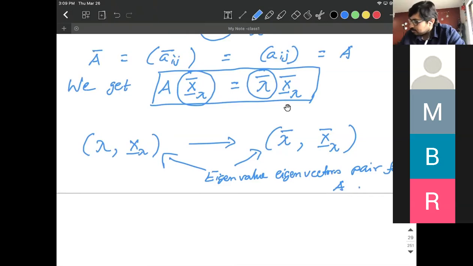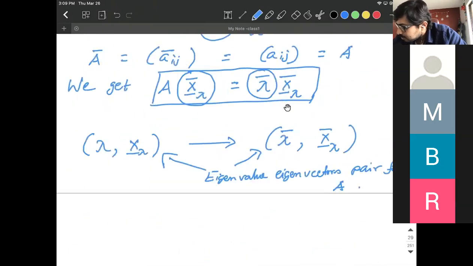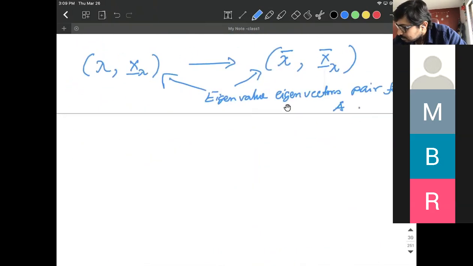Okay, now we switch on to something we started off with. Remember, at the very beginning, I think Bob talked about this, that eigenvalues and eigenvectors occur in differential equations, in the way that differential equations occur in nature.